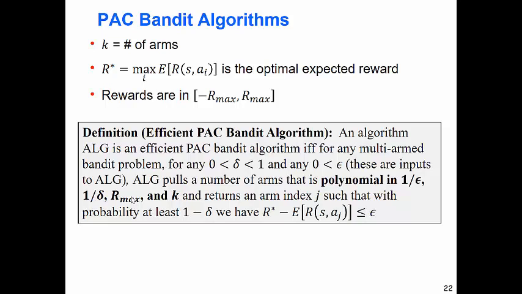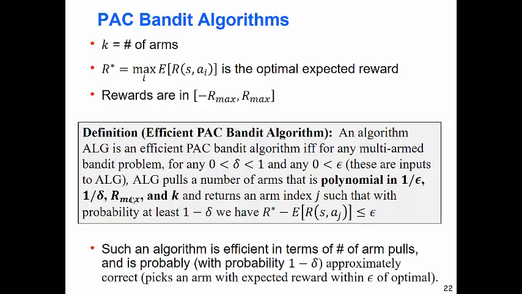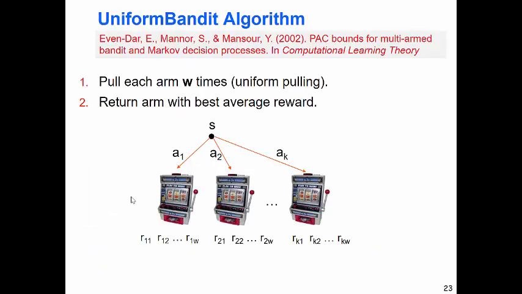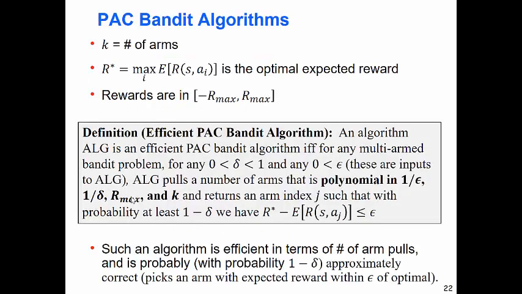All right, so any other questions? All right. Now, what we want to do is figure out how to get a PAC algorithm, right? So what's the simplest bandit algorithm possible?